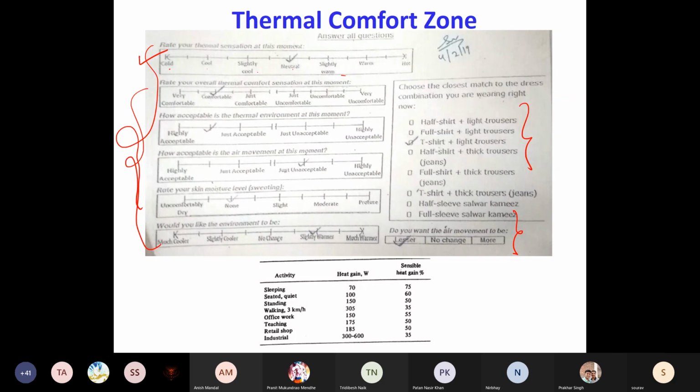One cannot pinpoint one particular condition as the perfect condition that your AC should maintain. One aspect not mentioned over here, which ASHRAE also collected, is your background, ethnicity, where you were born, where you have stayed. This information they also collect.